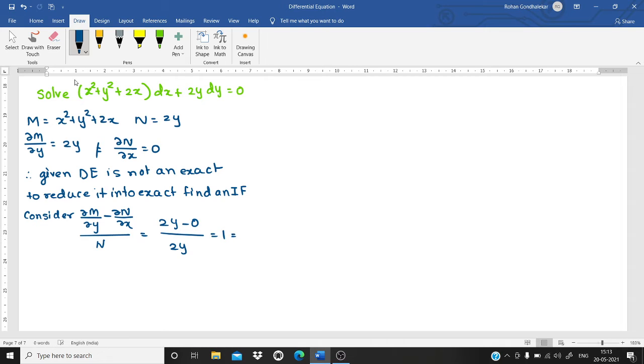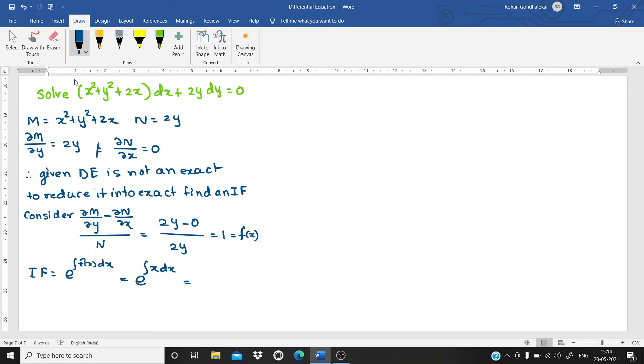So 1 is a constant function. So is it a function of x only? Yes, we can write 1 as 1 into x raised to 0. Fine. So what is the integrating factor? The integrating factor is e raised to integral f of x dx, which is nothing but e raised to integral x dx. So what is the integral of it?